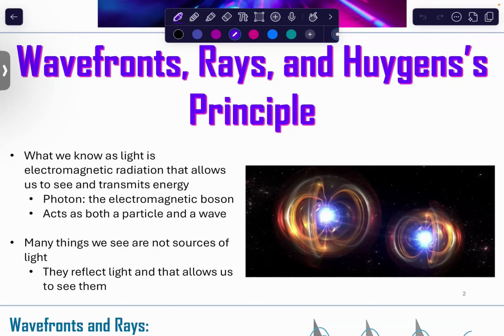Otherwise, it could be compressed gas. But where does the glow come from? It is kind of a chemical reaction, kind of.